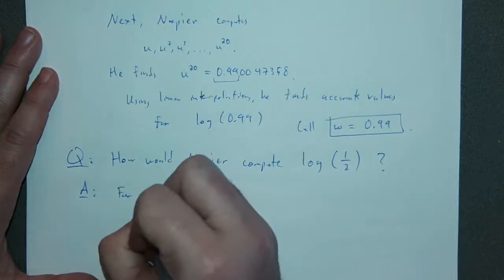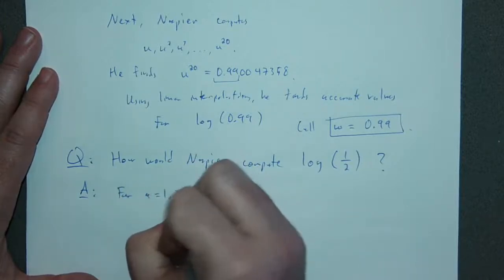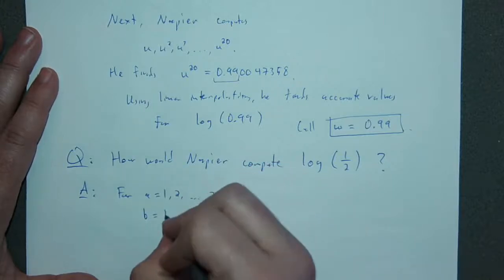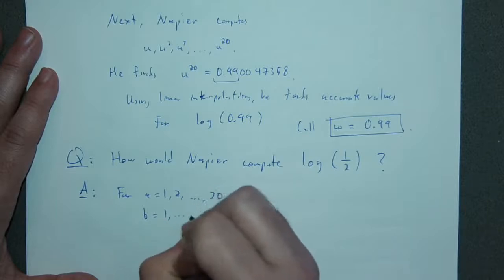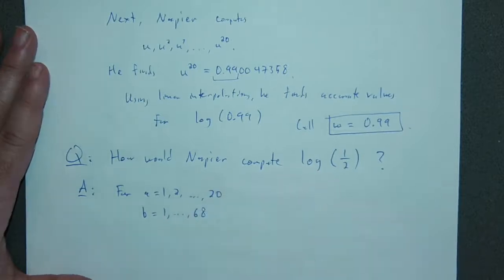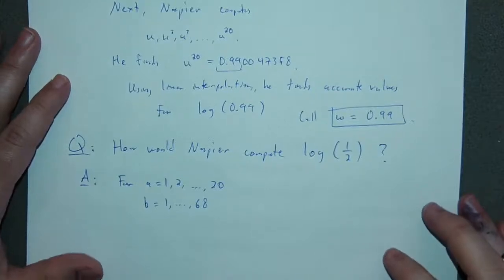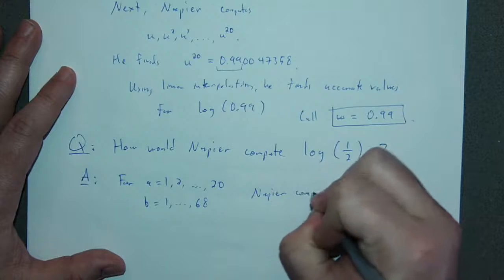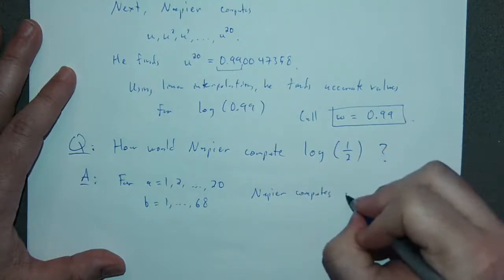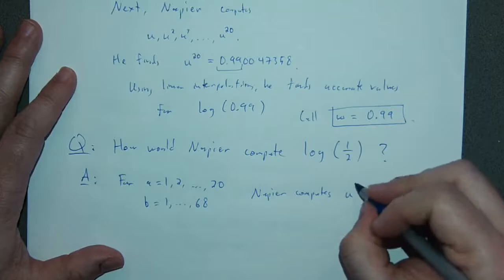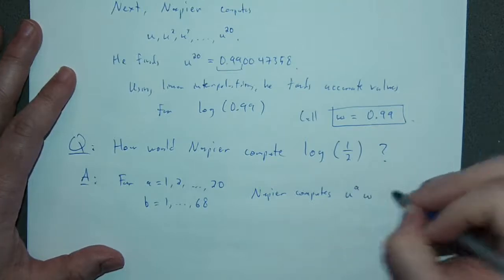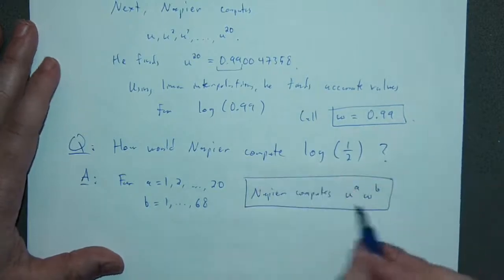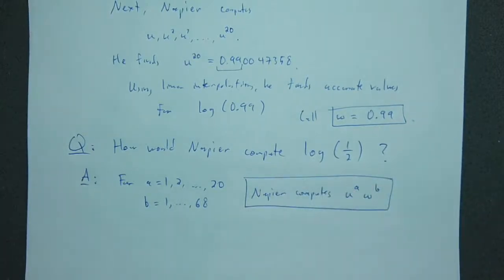So for A between 1 and 20, and B between, say, 1 and 68, Napier computes U to the A times W to the B. How does this help?